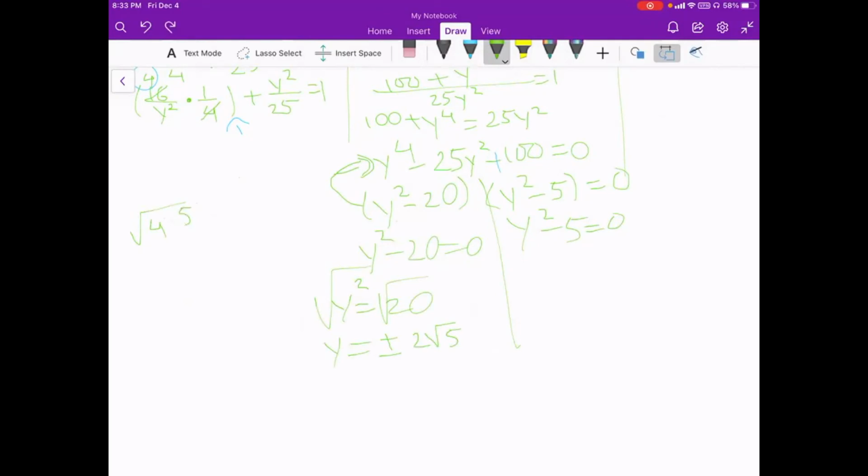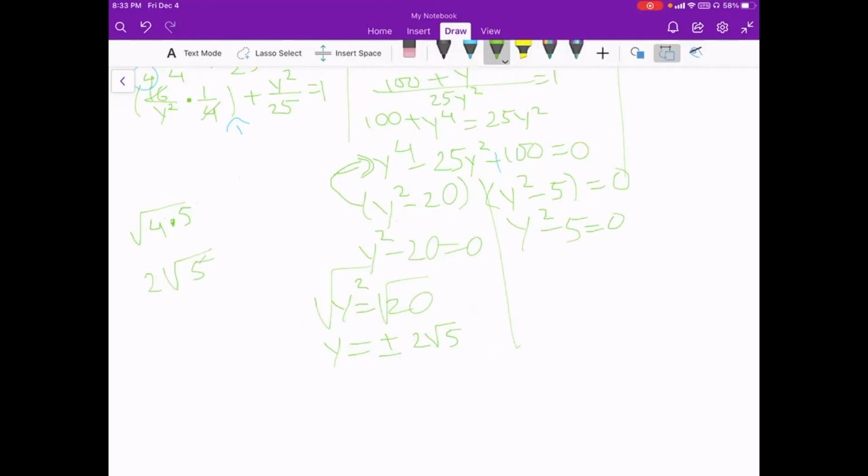You know that 4 is a perfect square, so you can bring that outside of your radical. That's going to be 2 times radical 5. That's how I got 2 times radical 5 for radical 20.